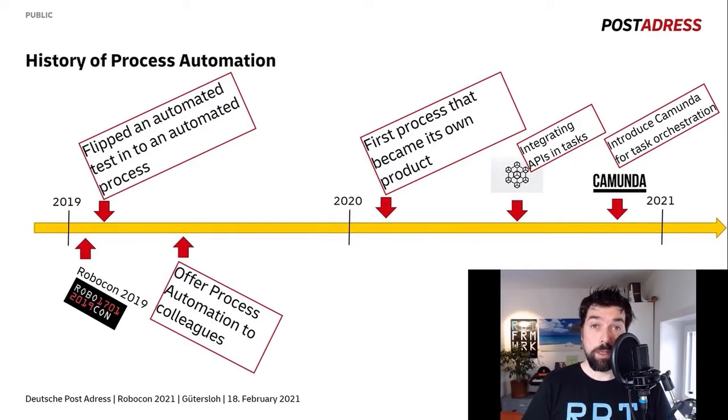And we had a look at it, and it has a rich REST API. So we wrote robot keywords for it, so that you can conveniently access Camunda and integrate it into Robot Framework, and published those keywords under the Camunda library and published it open source. If you want to learn more about this, please have a look at the lightning talk tomorrow.